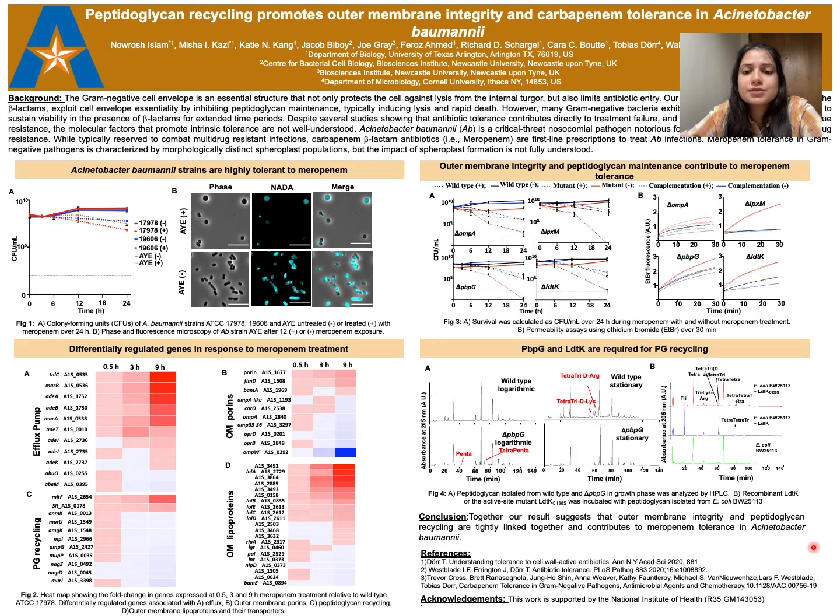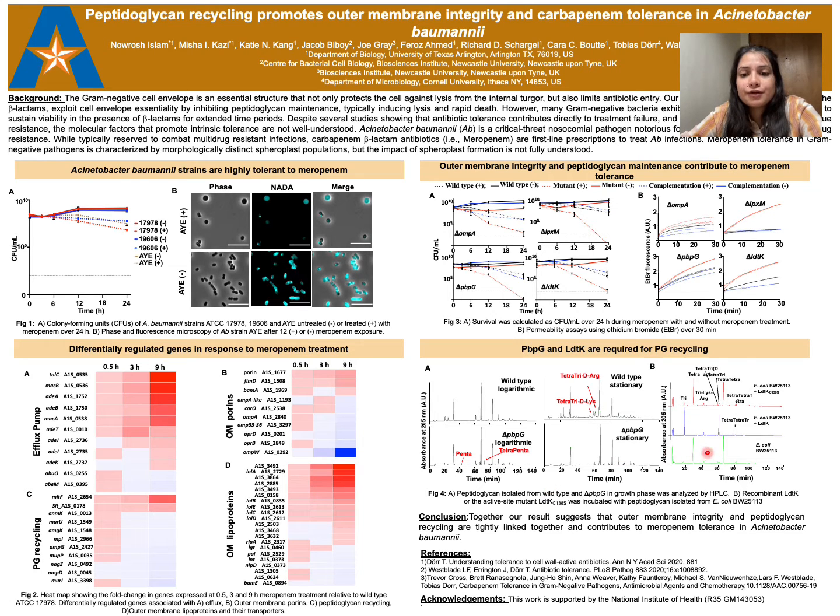So next, to explore which specific pathway is involved in meropenem tolerance, we defined the biochemical activity of these genes. Based on figure 4a, based on muropeptide analysis, we have found that PBPG is active against the pentapeptide, and it has both DD-carboxypeptidase and endopeptidase activity in both log and stationary phase.